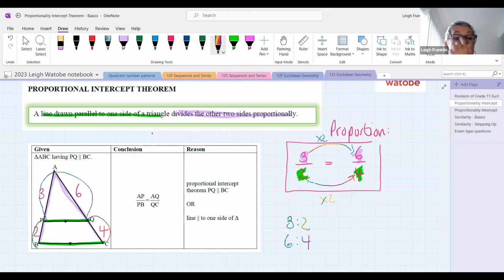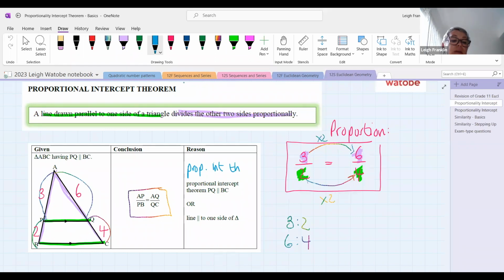So it's exactly what I've written here: AP was 3 over PB was 2 is equal to AQ over QC. That is the conclusion I can make. The reason I use is the proportionality intercept theorem, which I'm allowed to abbreviate.